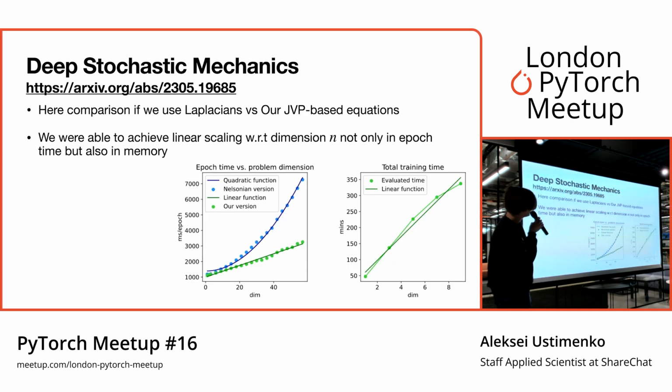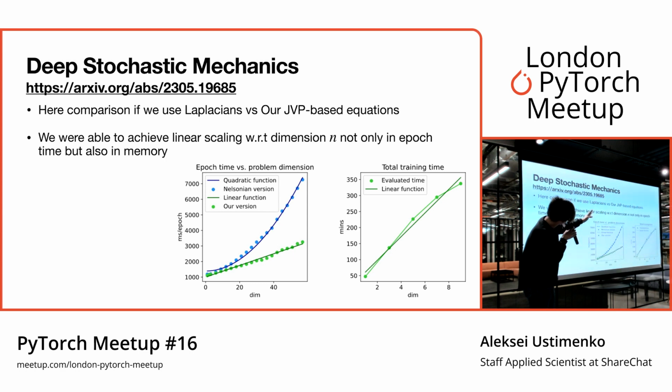And we actually did numerical simulations of how well it scales. Here on the plot, the blue line shows when we use a Laplacian in the equations with Autograd. And it is, as expected, scaling quadratically. On the X axis, we have the number of particles that we consider. And our version that relies just on Jacobian vector products scales linearly, as we expected theoretically.